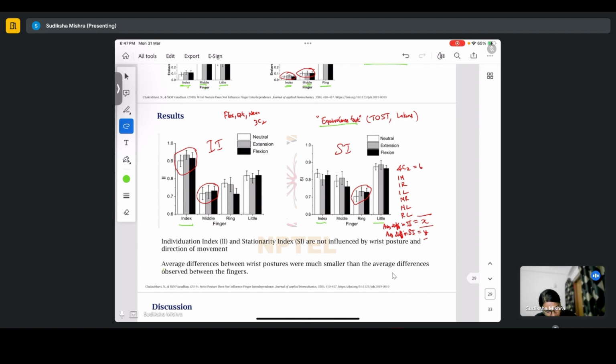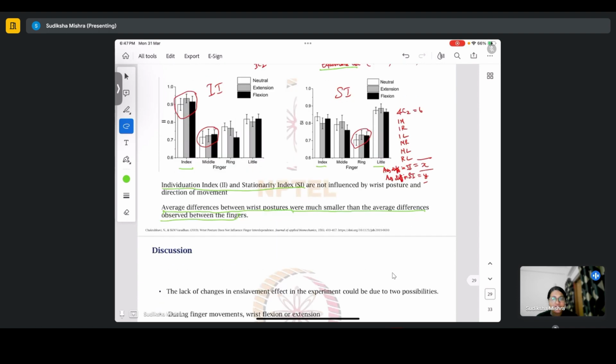And what they found was the average differences between wrist postures were much smaller than the average differences between the individual fingers. And that individuation index and stationary index are not influenced by the wrist posture and the direction of movement, whether it's a flexion or extension condition of the finger.